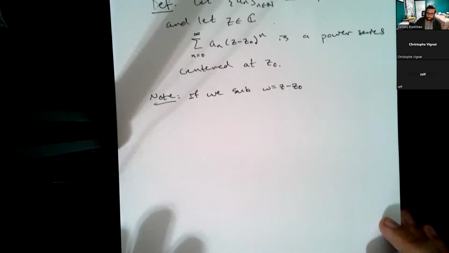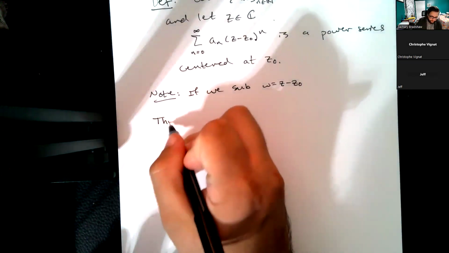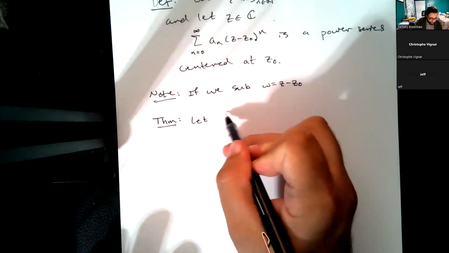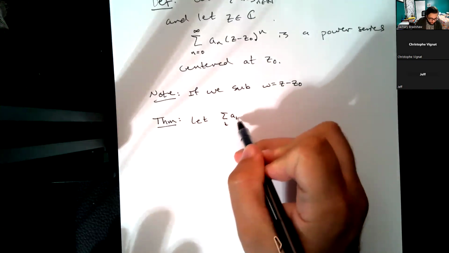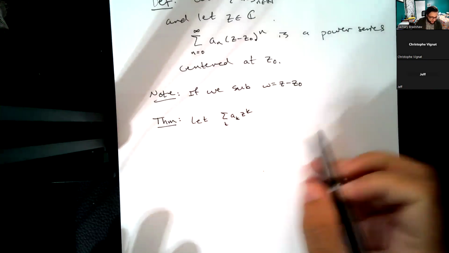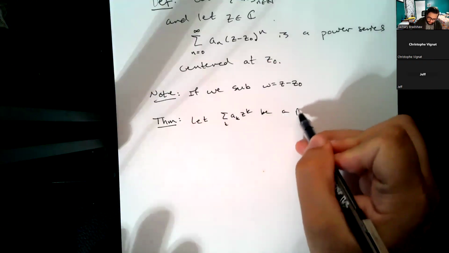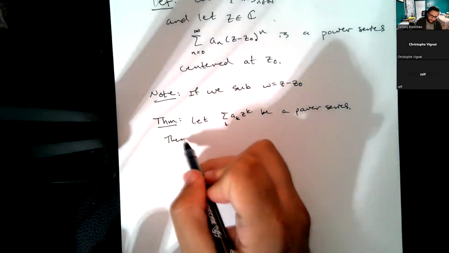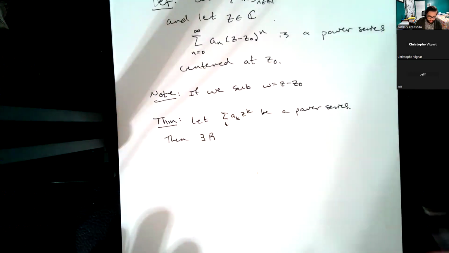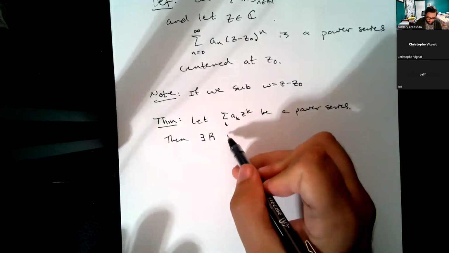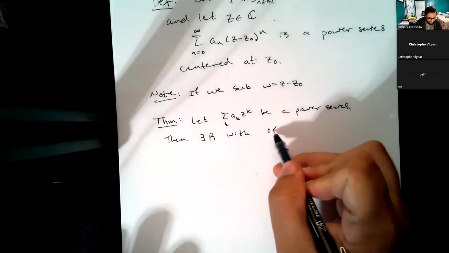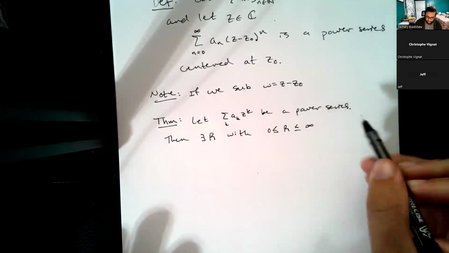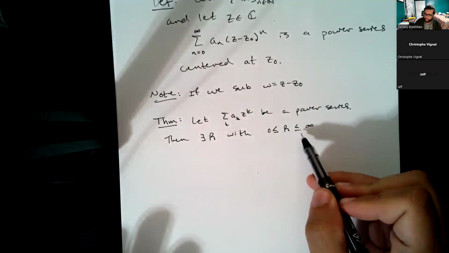Okay, so let's jump right into a theorem. Let the sum over k, ak, z to the k be a power series. Then there is a real number r, which is positive or at least non-negative. And I'm going to use this less than or equal symbol here.